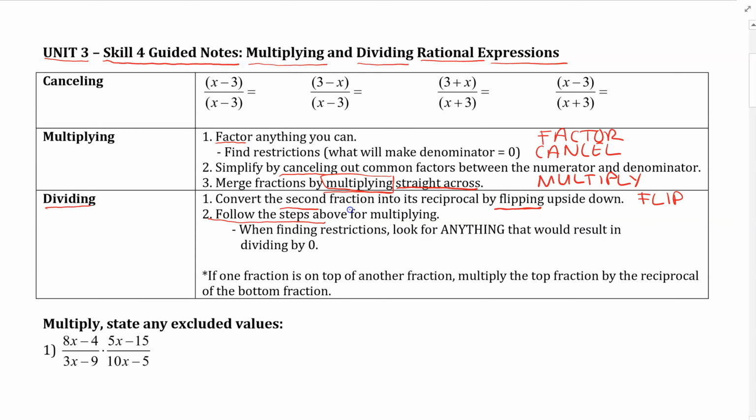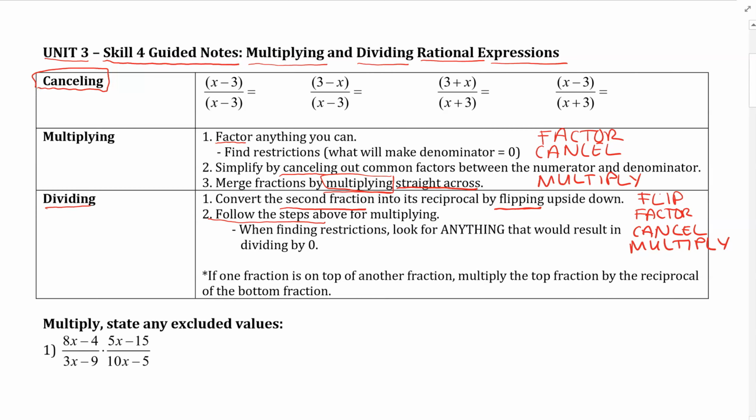Flip the second fraction, and then we factor, and then we cancel, and then we multiply. So the flipping and the multiplying are really the only things added to Skill 4 that were not in Skill 2.